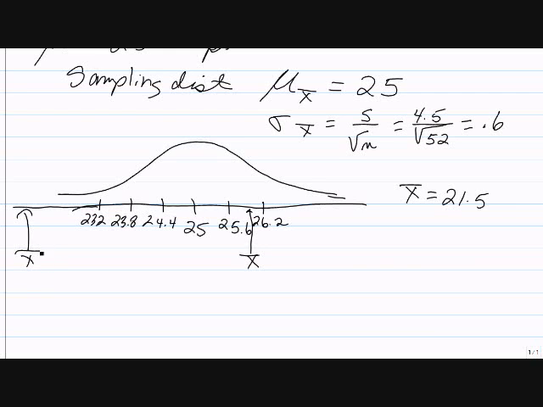But this sample mean of 21.5 does give me evidence that maybe their claim is wrong. So let's figure out how many standard deviations below the mean this 21.5 is. So we'll get a test statistic.